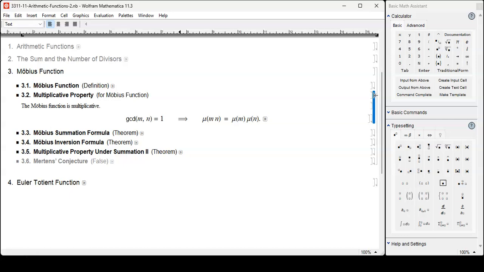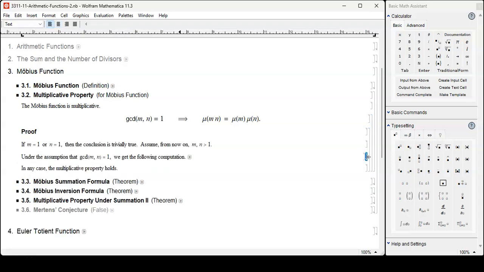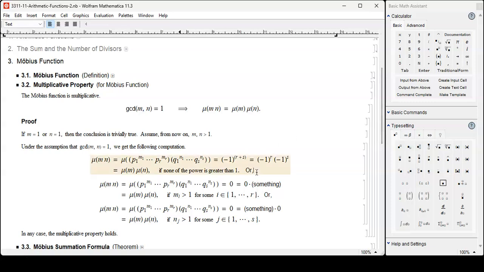The first property is a multiplicative property. It preserves the multiplication of any pair of positive integers that are relatively prime. And the proof, well, kind of brute force method, we just consider case 1, case 2, case 3. We have prime factorization where all the powers are 1.